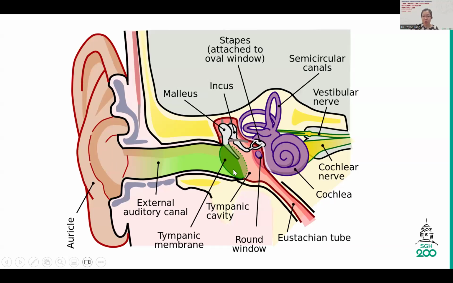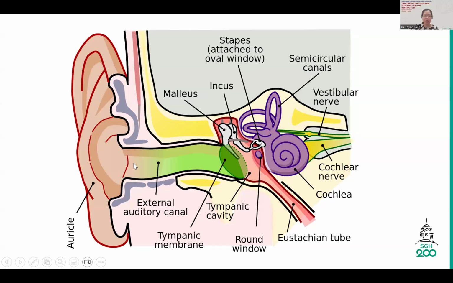This eardrum is connected via three ossicles, or little ear bones: the malleus, the incus, and the stapes. The stapes connects to the inner ear in the cochlea, where all these sound waves are then transformed into electrical signals, which go through the cochlear nerve into the brain.